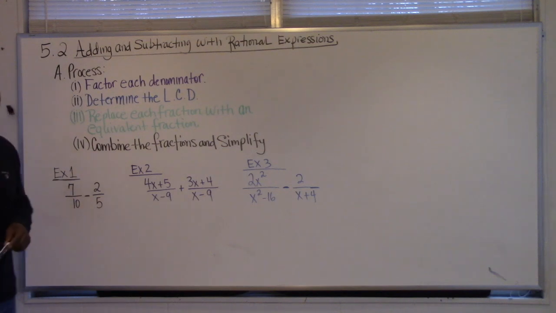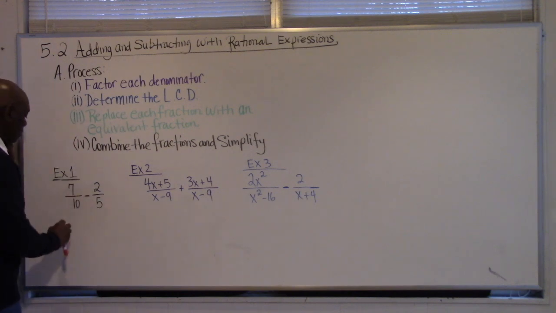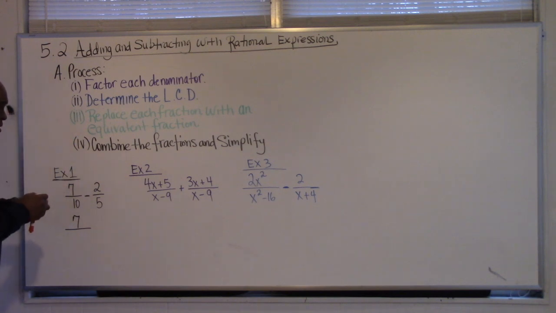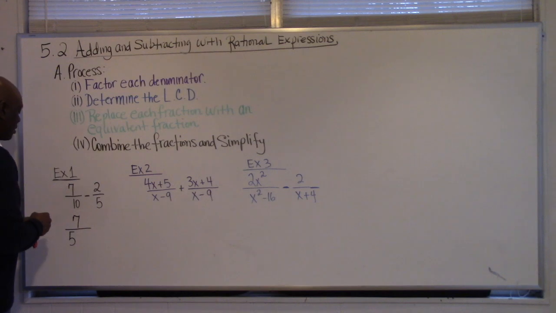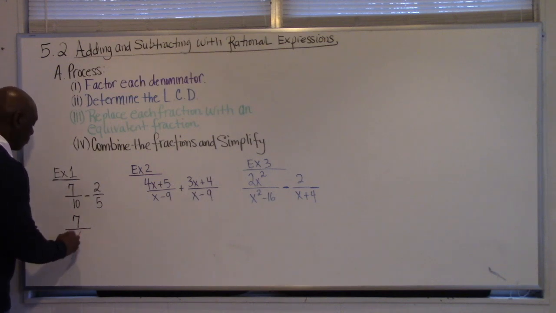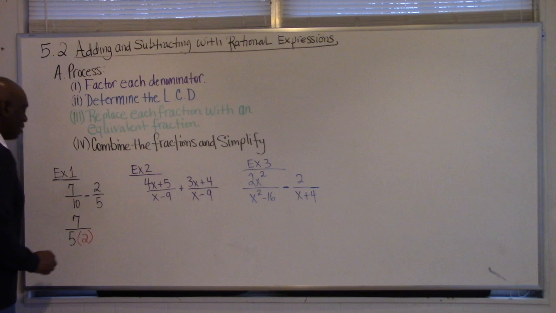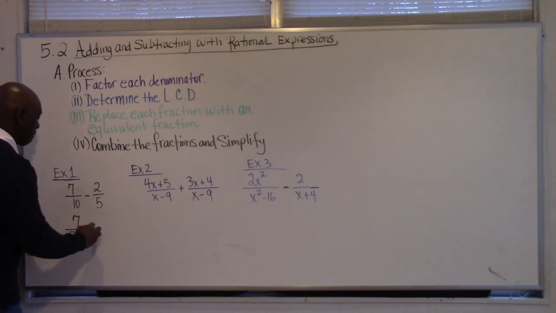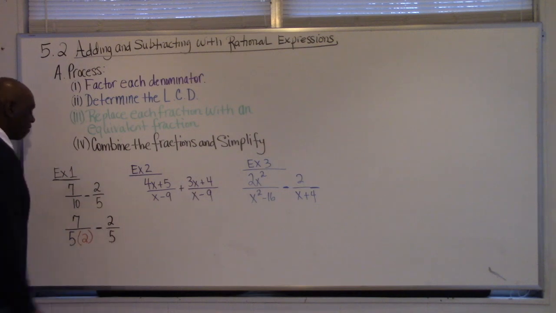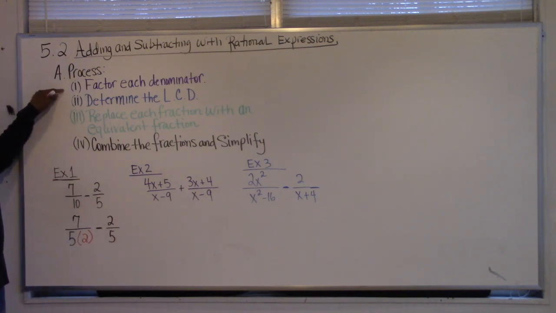In this case, please notice I have 7 over 10. 10 can be factored into 5 times 2. I have just factored 10. Two factors: one factor is 5, one factor is 2. Minus 2 over 5. That's step 1.